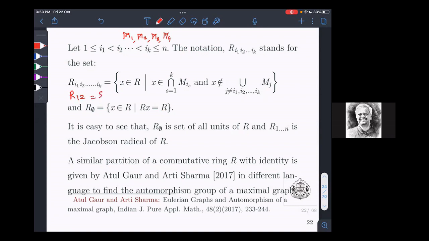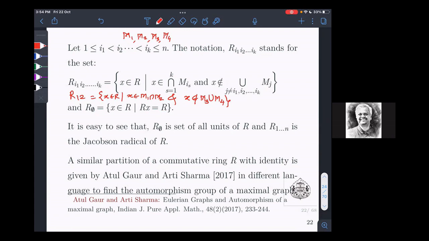It will be the set of those elements X in R such that X is in M1 intersection M2, and this is more important, X is not in the rest. Is this part clear to all of you? What do you mean by R12? Those X which are in M1 and M2 but not in M3 and M4.